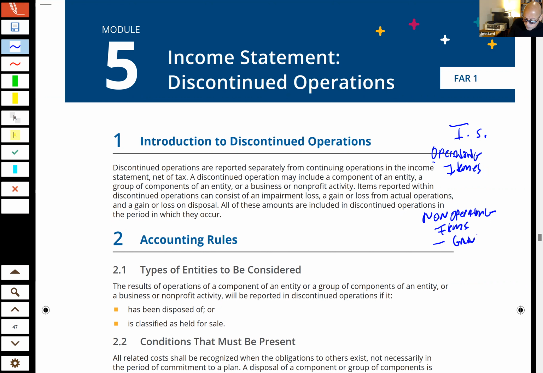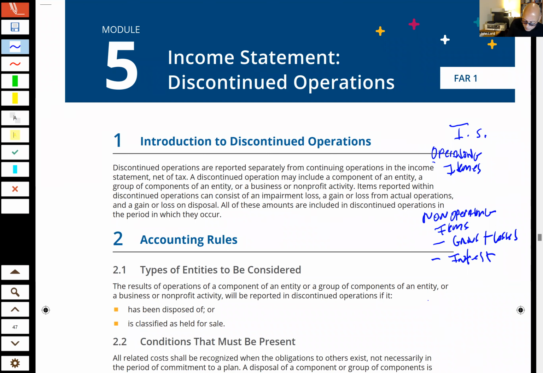Gains and losses, and we reported those net. So if we had a loss, but we had insurance recovery, we would report that net of any insurance recovery, right? And again, we saw that interest was a good example of non-operating.